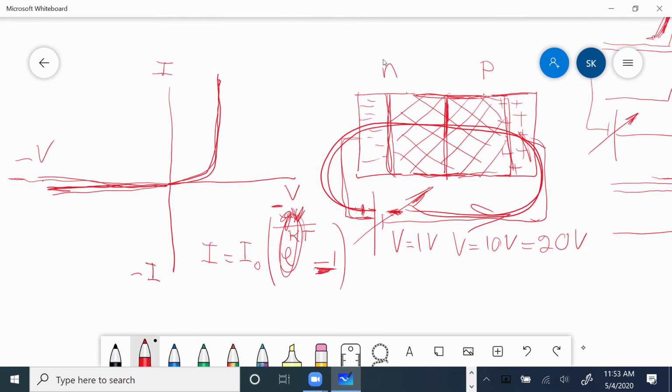So this gets 0.9, 0.8, 0.7, 0.2, 0.0005, 0.000009, and so on. So the result, I equals minus I0 times some numbers. The higher the voltage, the higher is the reverse current.